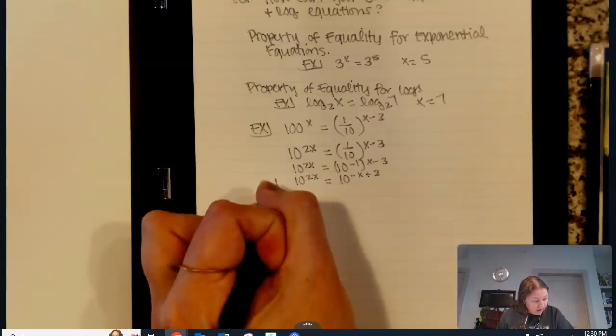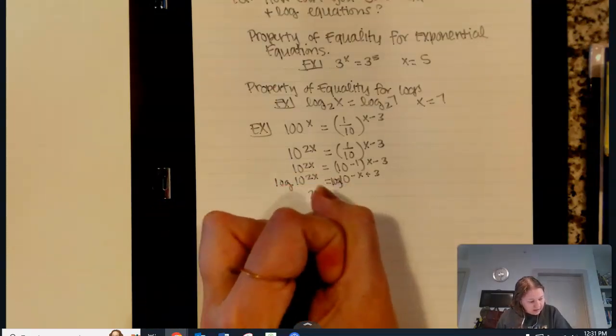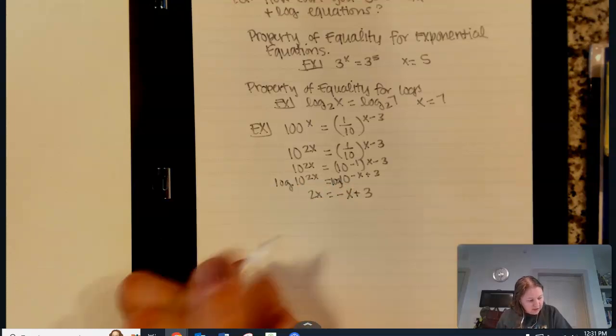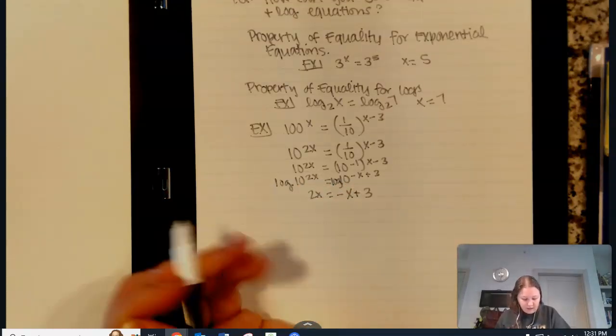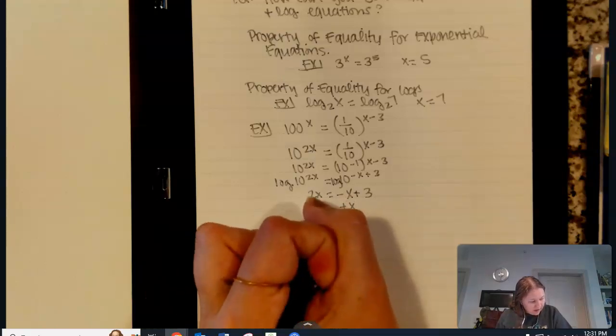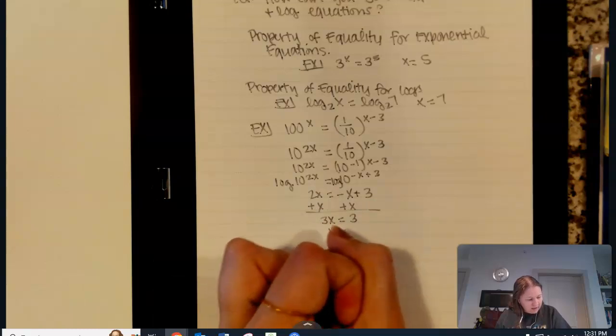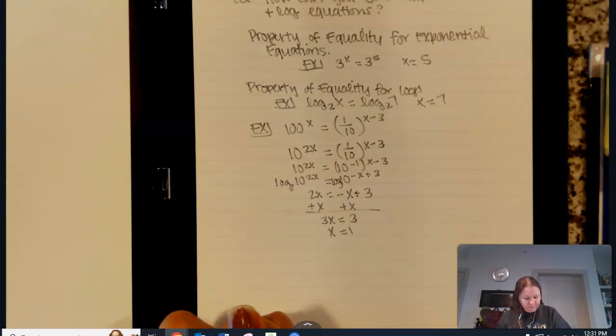So I'm going to take the log of both sides, and then I'll get 2x is equal to negative x plus 3, and then hopefully this part becomes very simple. You can add x to both sides, and you'll get 3x is equal to 3, so x is equal to 1. Beautiful.